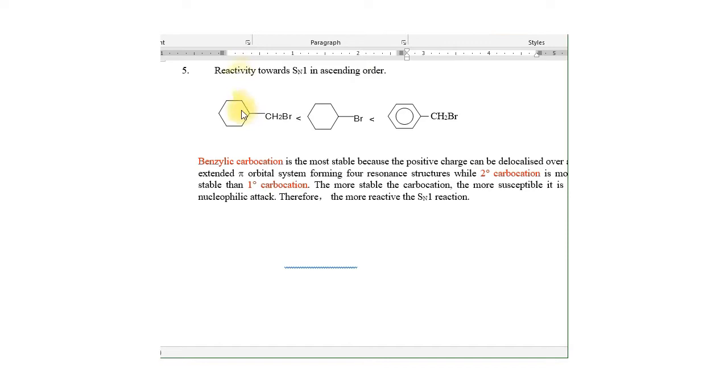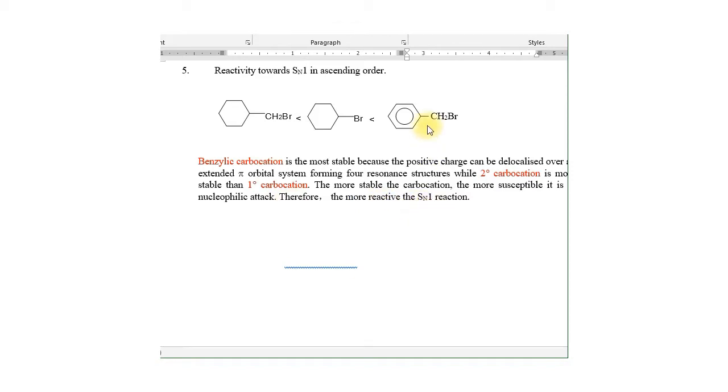The benzylic carbocation is the most stable because the positive charge can be delocalized over an extended pi orbital system, forming 4 resonance structures. While the secondary carbocation is more stable than the primary carbocation. The more stable the carbocation, the more susceptible it is to nucleophilic attack, therefore the more reactive towards SN1 reaction.